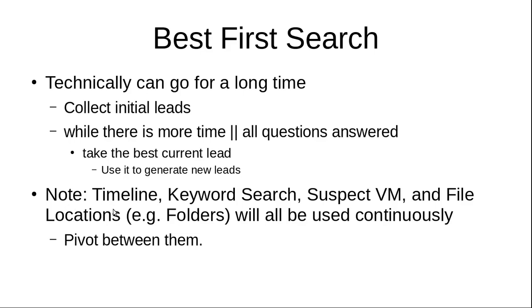So, generally timeline, keyword search, the suspect VM and file locations will be used continuously, and you pivot between them. You find something in one view, say in the timeline, that might cause you to do a keyword search. Now you can search the timeline, but a keyword search will search inside the files, and Autopsy will allow you to do that. The suspect VM will allow you to check things out yourself.